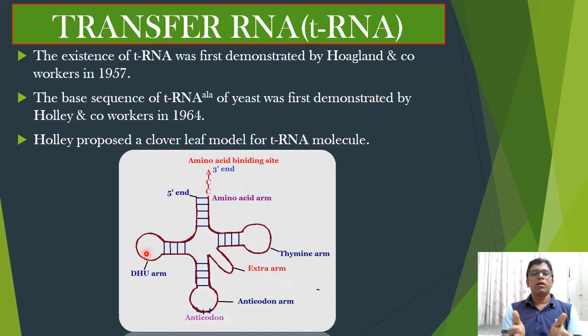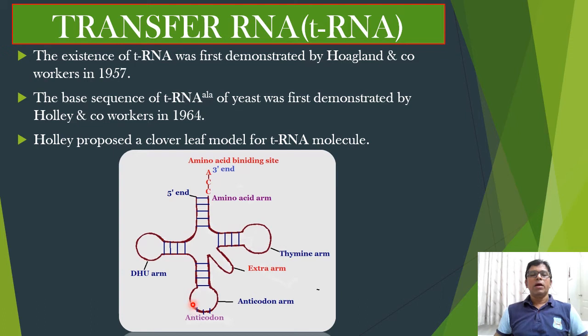Near the DHU loop, the anticodon arm is present. This is the anticodon arm. This arm also contains one stem, consisting of paired nitrogen bases, and one loop.